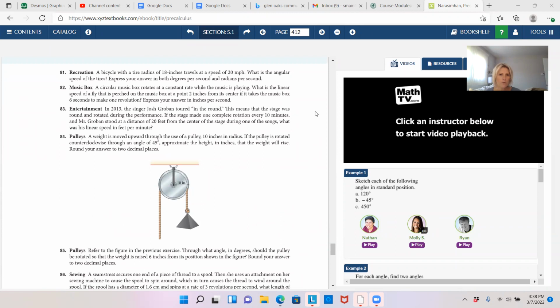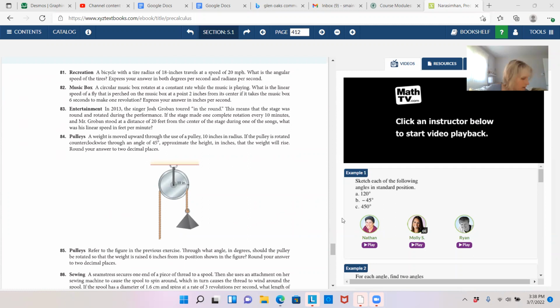Express your answers in both degrees per second and radians per second. So we want degrees per 1 second, I'm just going to write that down, and radians per 1 second, because they gave us information in miles per hour. So that's going to be important.